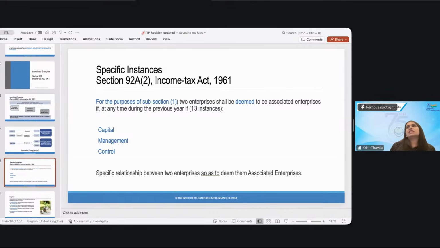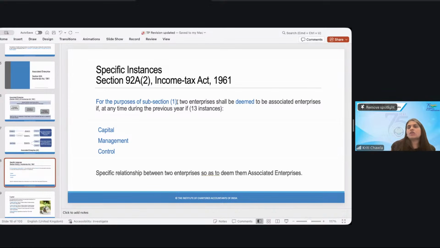So if these particular instances are met, then two enterprises will be deemed to be associated enterprises. So going forward, these are the 13 specific relationships that we will be discussing.